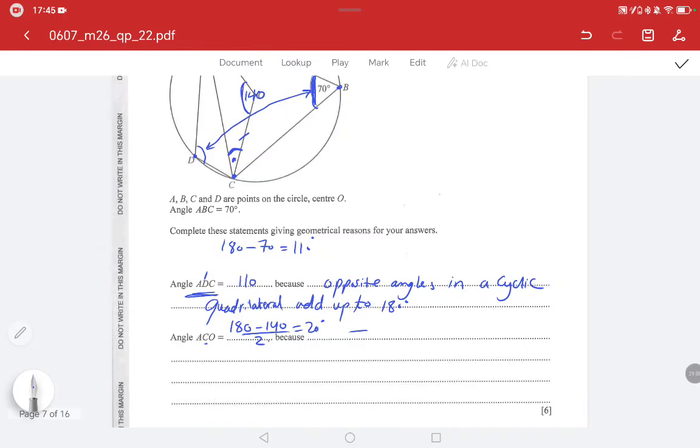So you have to say that the angle at the center is twice the angle at the circumference.